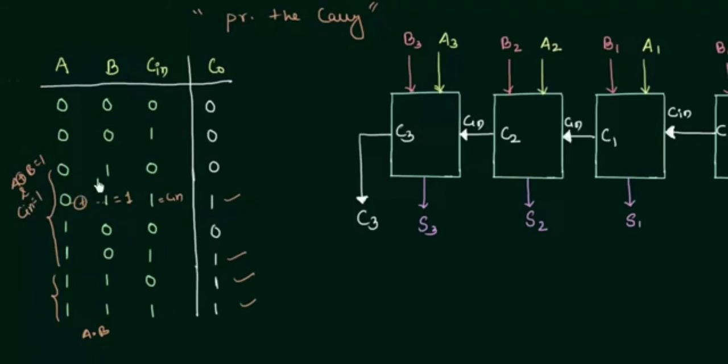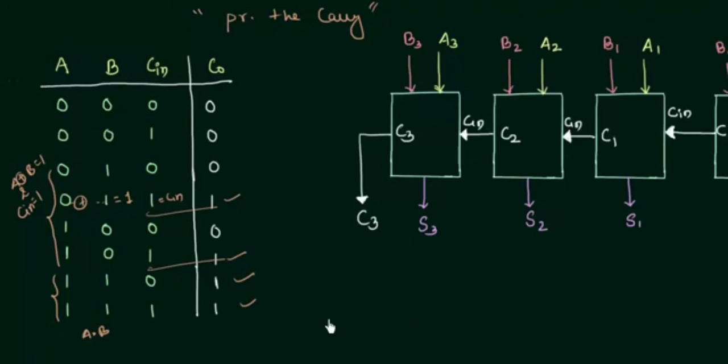Okay, because in this case also A XOR B is 1 but C in is 0, so output is 0. You can say that in all these 4 cases A XOR B is 1, so it depends upon the C in whether it is 1 or not. So whenever it is 1, like in this case the C out is 1, and also in this case.